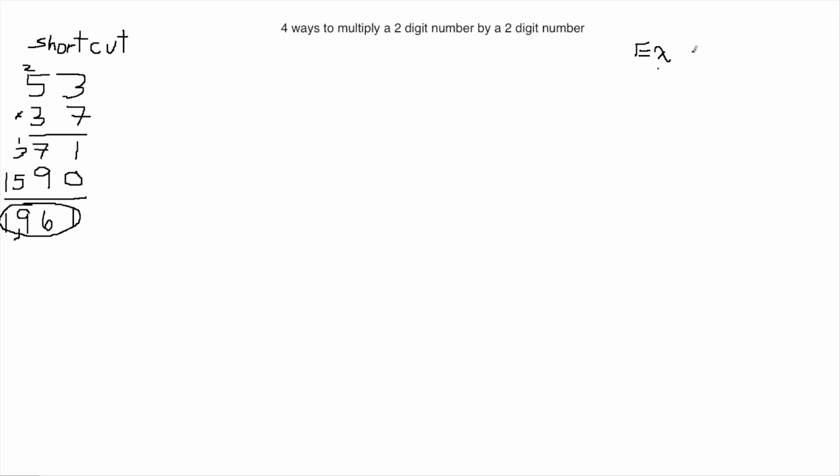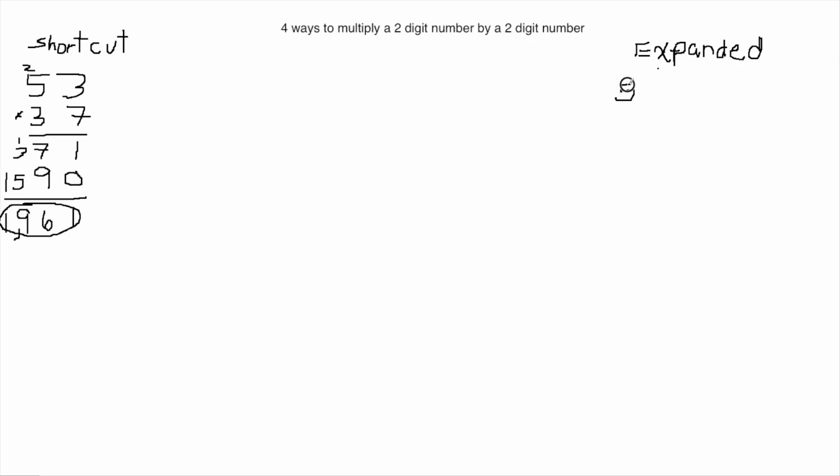Now I'm going to go over here, and this is called expanded form. So how do we write 53 in expanded form?